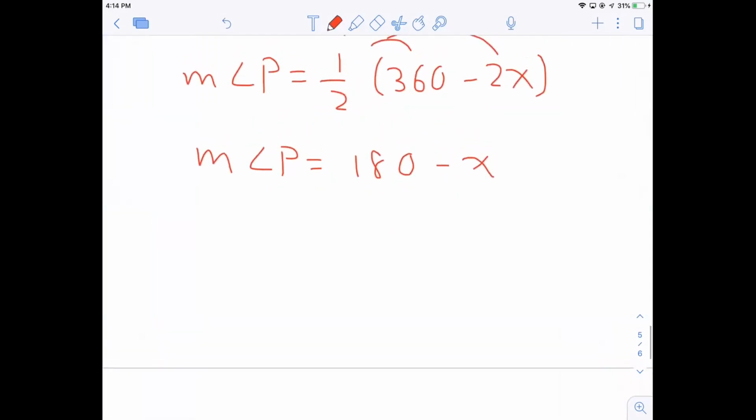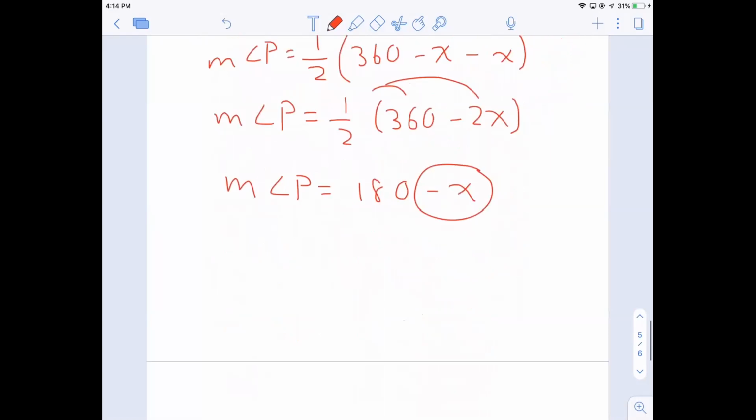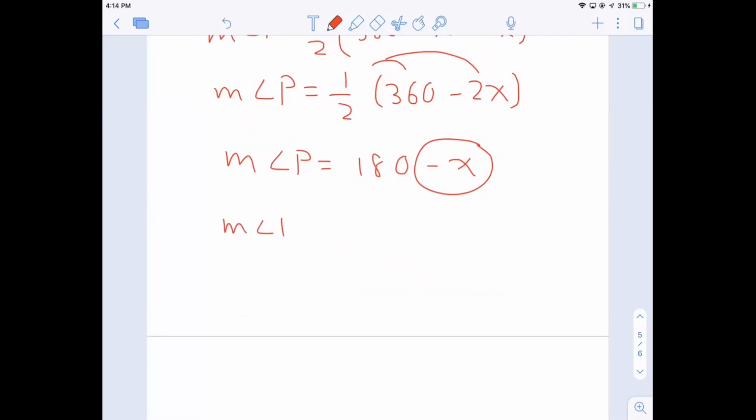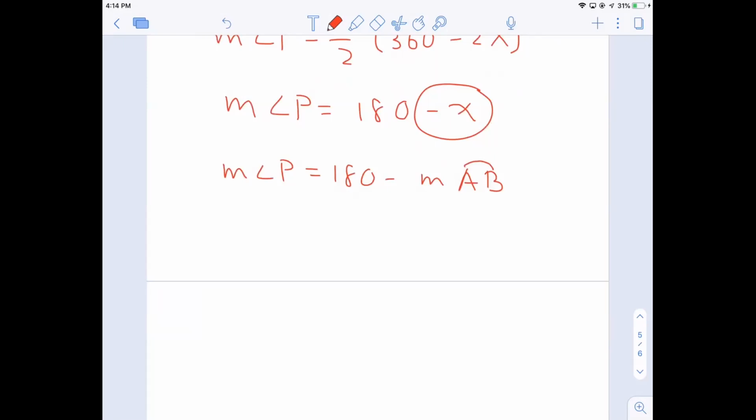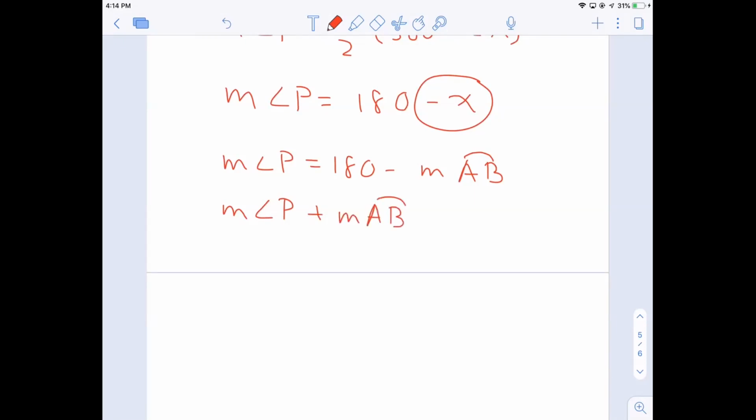If we want, I'm going to replace x with what it was equal to. That was the measure of arc AB. So the measure of angle P equals 180 minus the measure of arc AB. And so in other words, the external angle P and the smaller intercepted arc, when you add them together, that's equal to 180. They are supplementary.